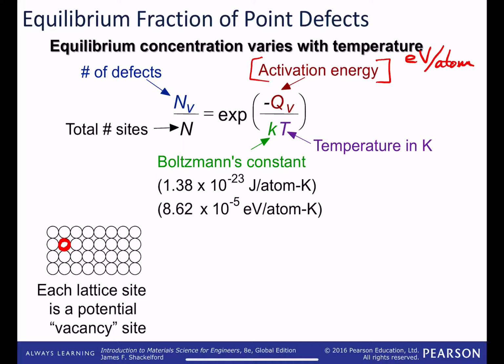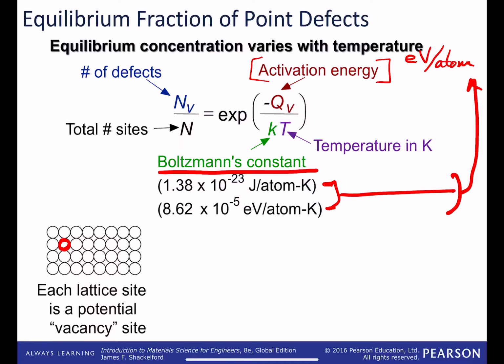This is normalized, divided through by a constant, the Boltzmann constant. So it becomes imperative to use a Boltzmann constant that matches the units of the activation energy provided. Okay, so we have two options there. We have the version in joules or the version in electron volts, and an earlier lecture showed you how to transform between the two.